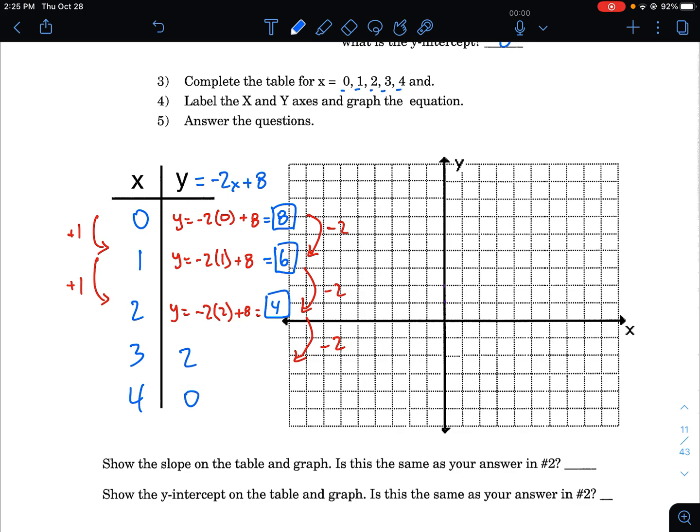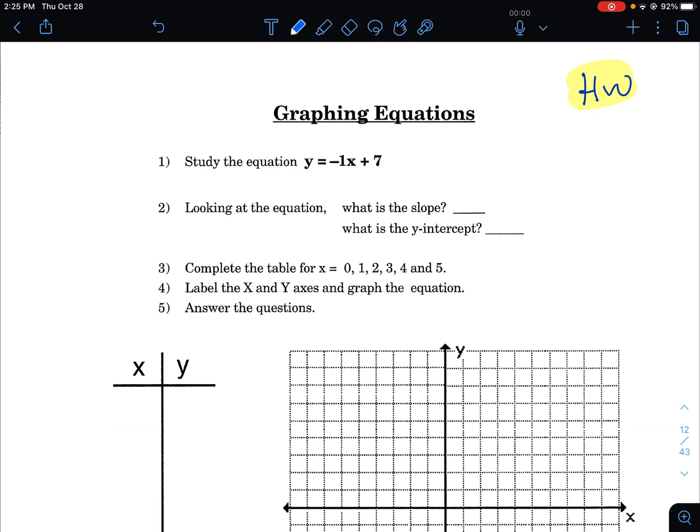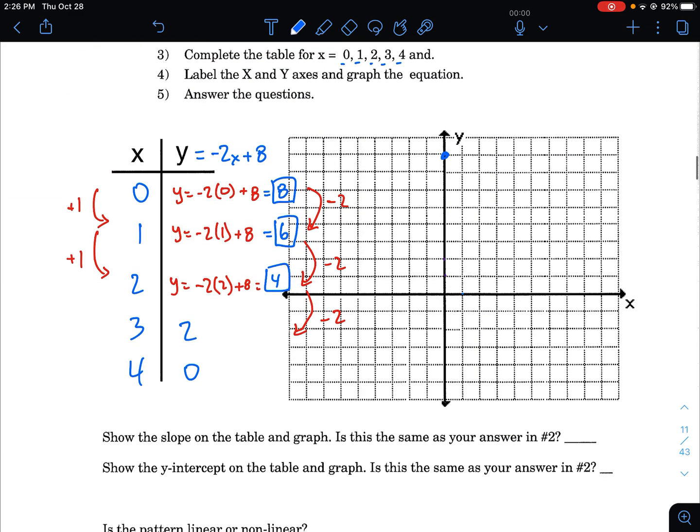So let's plot our points. 0, 8 is right over there. Let's do 1 and 6. 1 right here, 6 up here. Or if you remember, my change in y is negative 2, my change in x is positive 1. So I just go down 2 over 1.